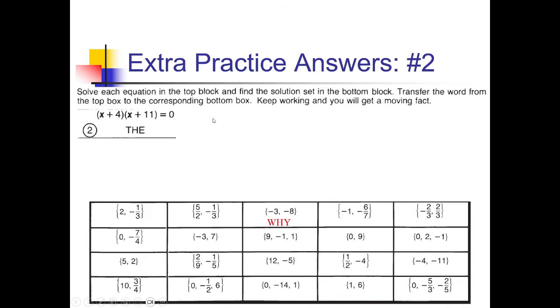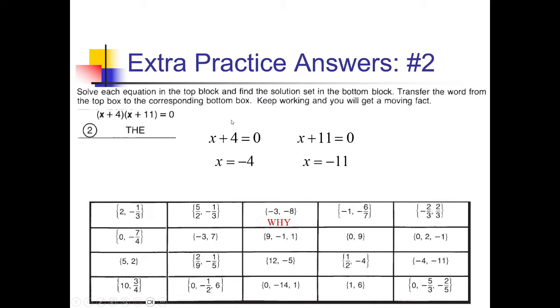For this next problem, since this is already factored, I can set x plus 4 and x plus 11 both equal to 0. Solving each of these, I get negative 4 for the first equation, and then subtracting 11 gives me negative 11 for the other one here. So that's going to be a negative 4, negative 11. That's over down here in almost the bottom right corner.